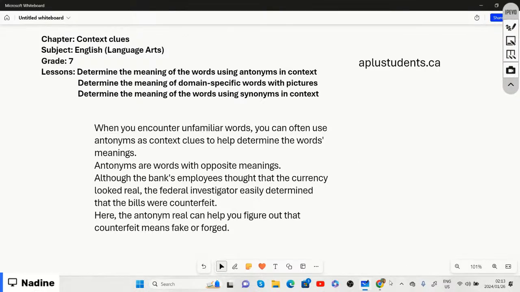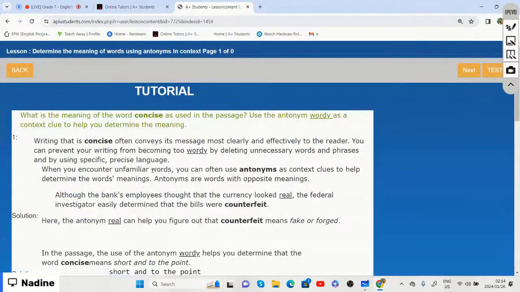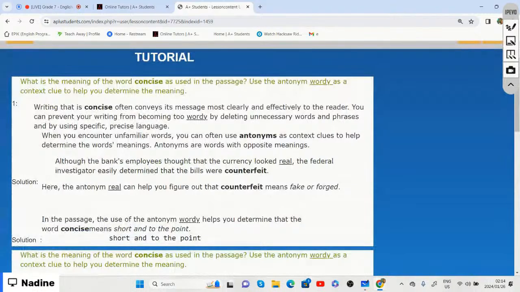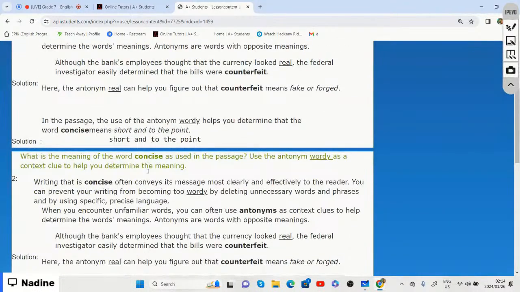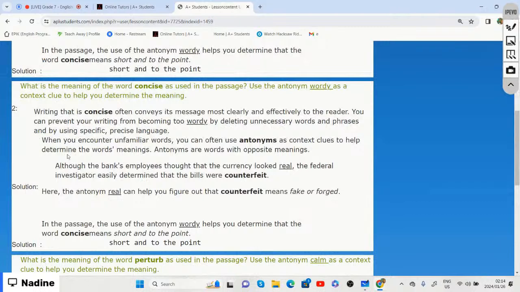All right. So we said that when we encounter unfamiliar words, you can often use antonyms as context clues to help determine the words' meanings, and antonyms are words with opposite meanings.